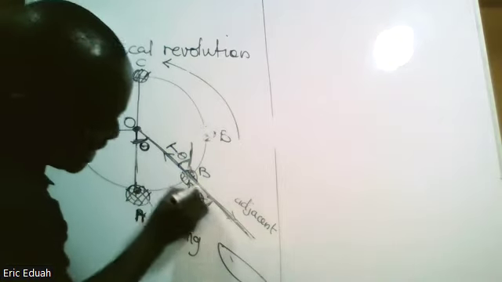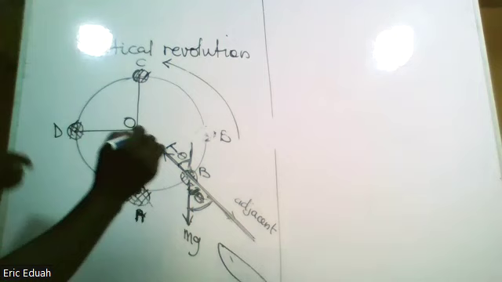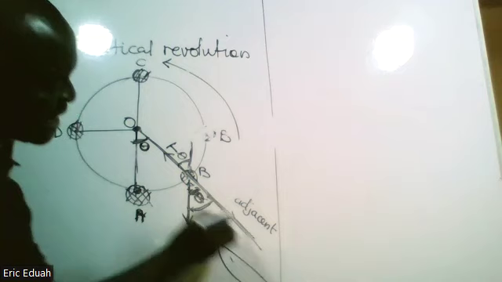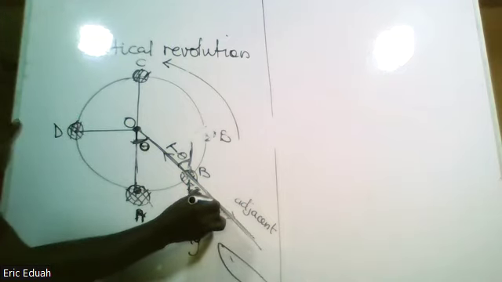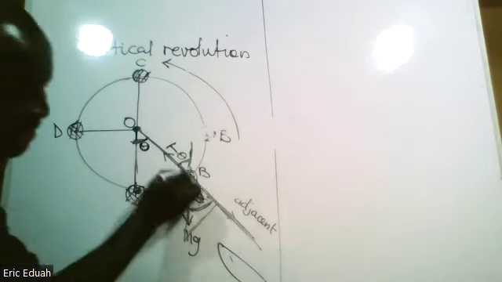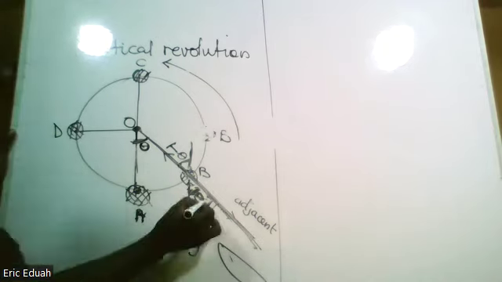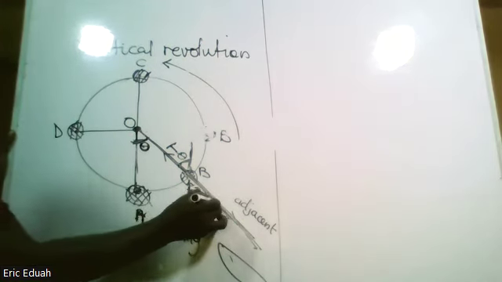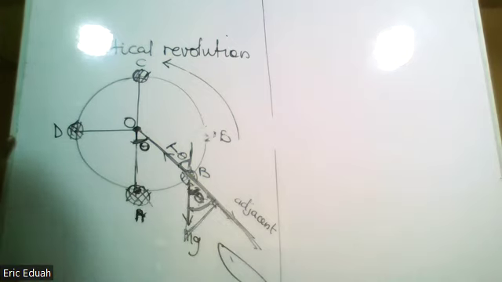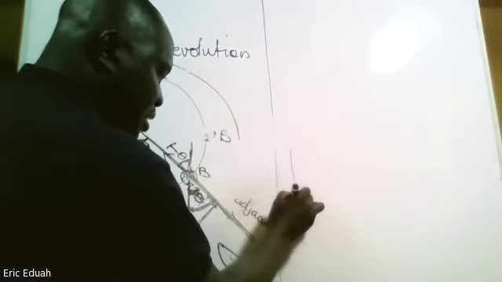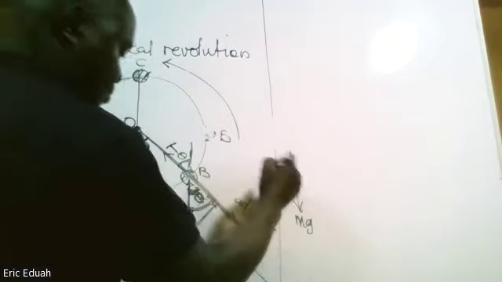So this extended line is drawn. Now, when I draw a perpendicular line from this extended line, I have the opposite to the angle. So get the reference line, which will enable you measure this angle. And when you draw a perpendicular line from that line, you have the opposite to the angle. So we have formed a right angle triangle. This is one side, mg.